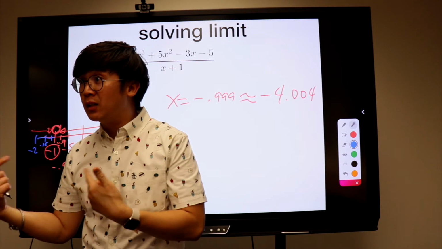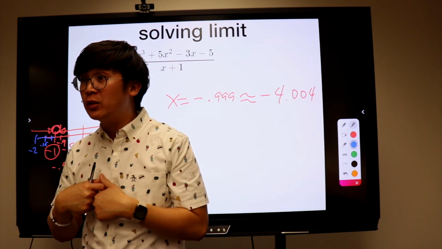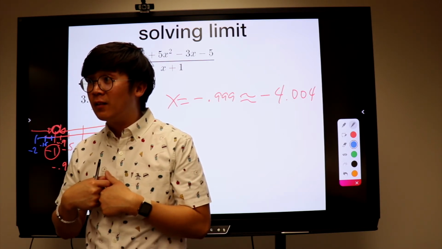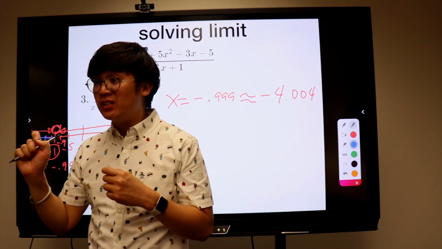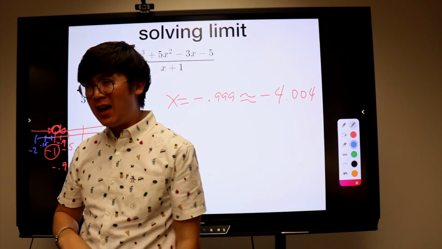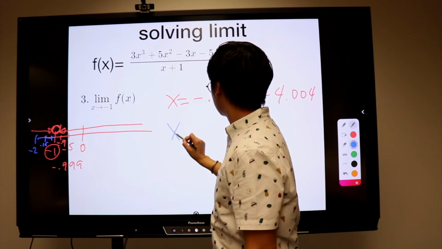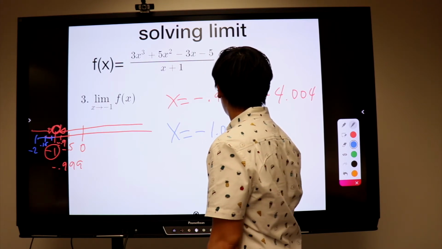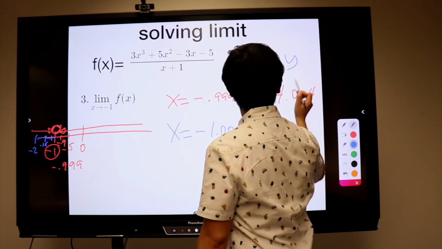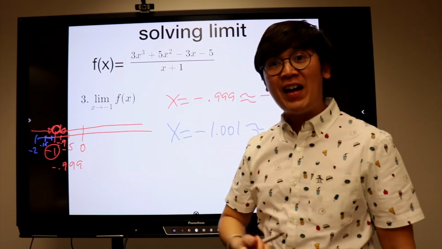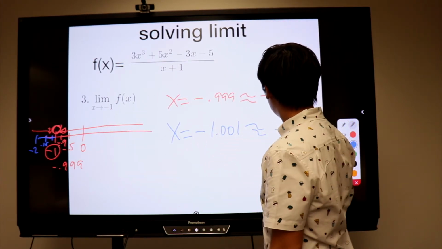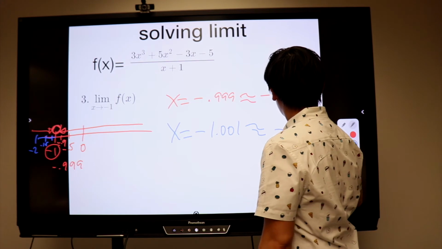Now move a little bit closer then. What number are you going to use? Negative 1.001? Okay, do that. What is the value now? Negative 3.996.